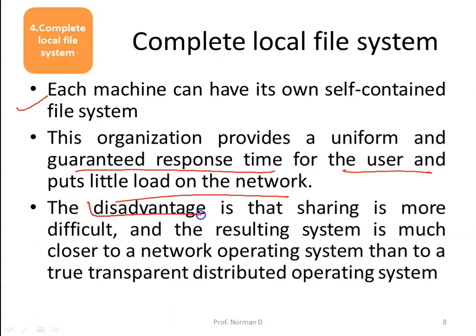But the disadvantage is that sharing is more difficult. So the resulting system is much closer to a network operating system rather than a true distributed operating system. So the workstations having a private disk can be used in these four ways.